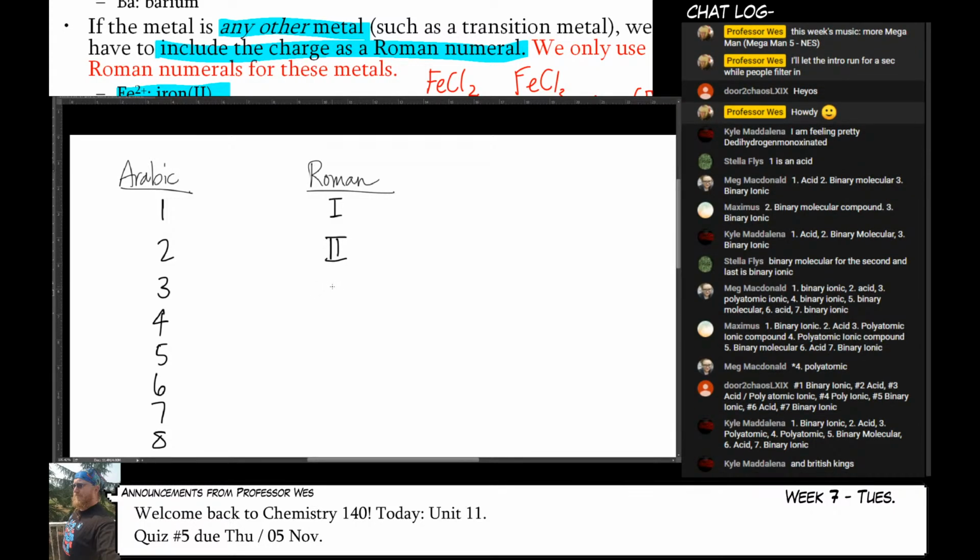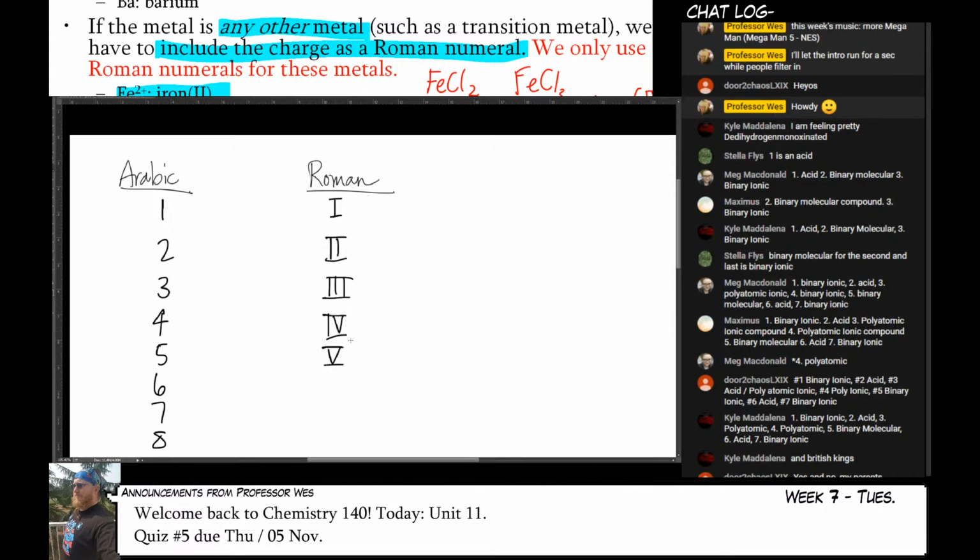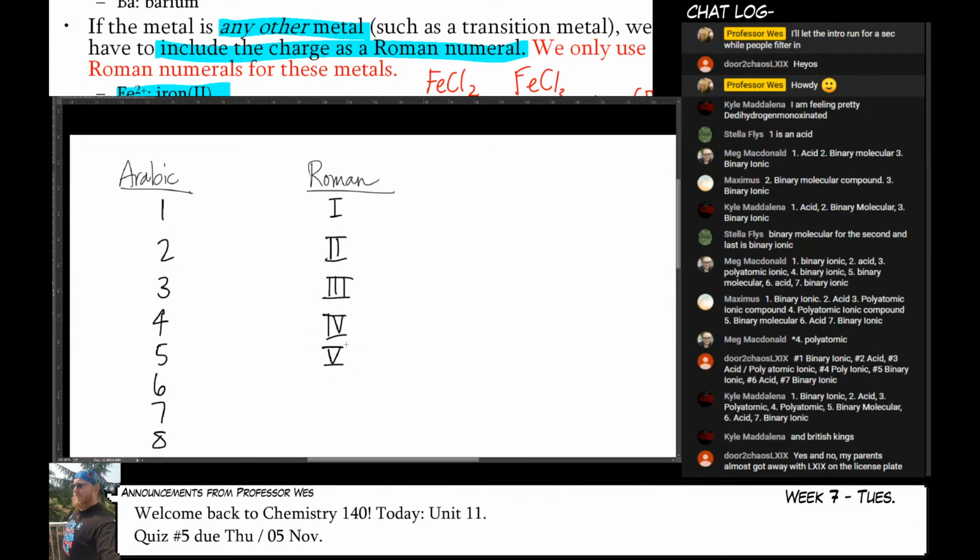And then 3, you become Desi Arnaz, which is III. 4 is IV. 5 is V, because reasons. 6 is VI. 7 is VII. And 8 is VIII.